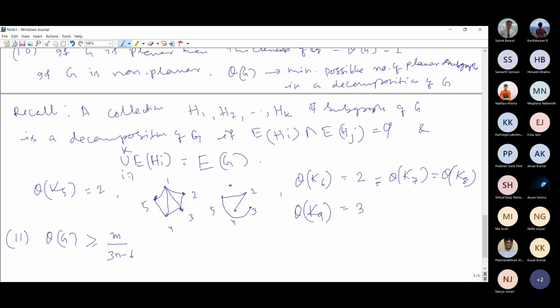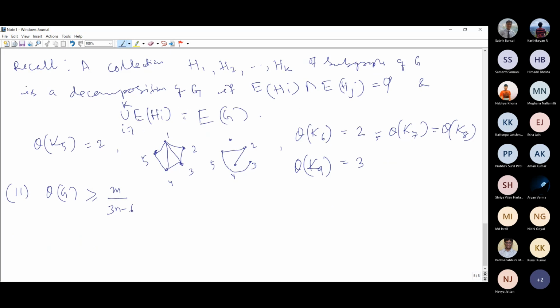Definitely you will get upper bounds, but those upper bounds may not be sharp upper bounds.